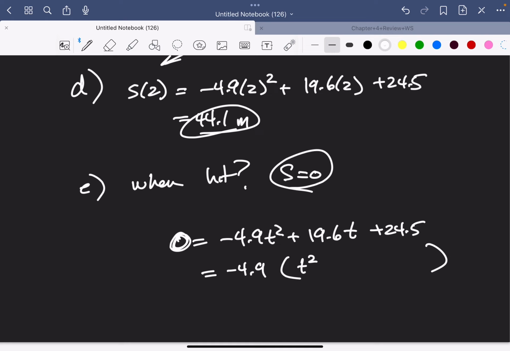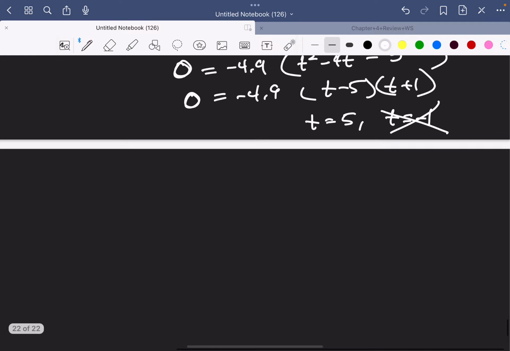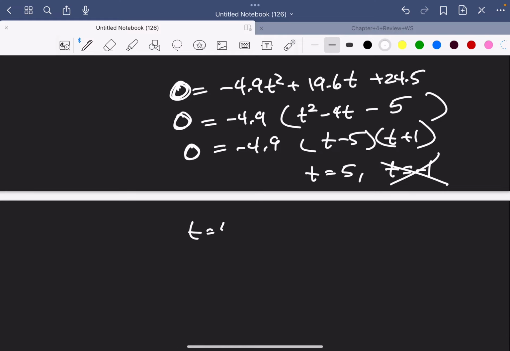You're going to get t squared minus 4t minus 5. But then that's wonderful because this factors into t minus 5 and t plus 1. So you get t equals 5 or t equals negative 1, but in terms of seconds, negative 1 makes no sense. So t equals 5 seconds is when it hits the ground.